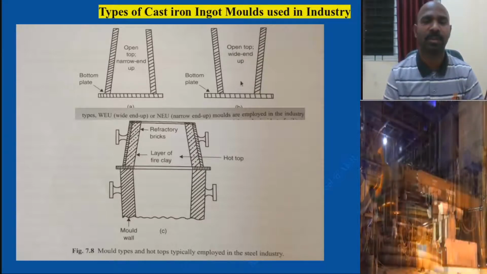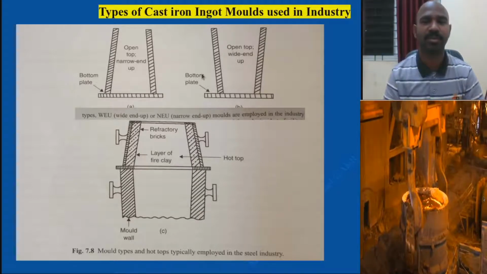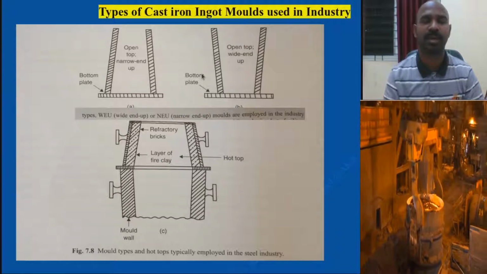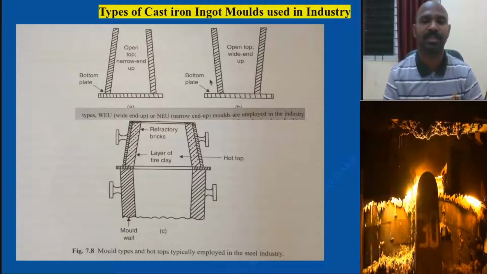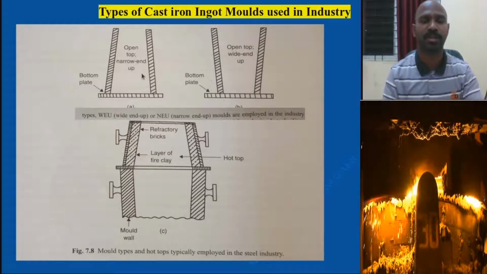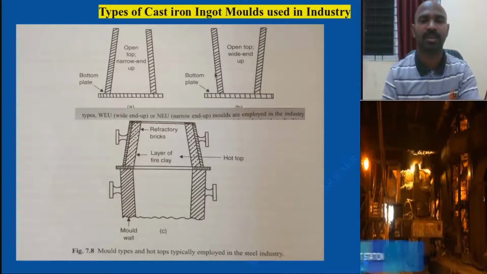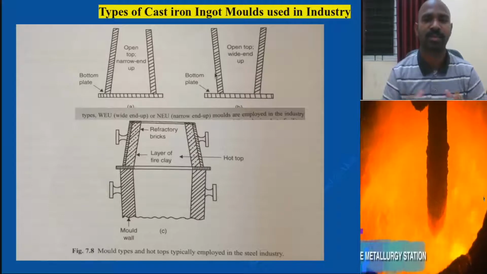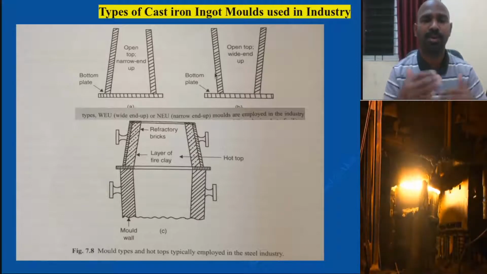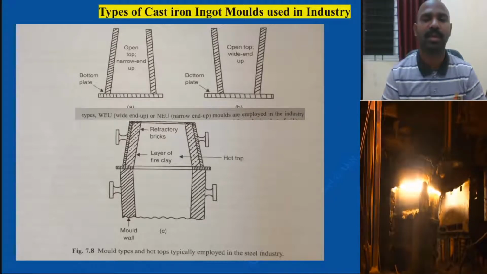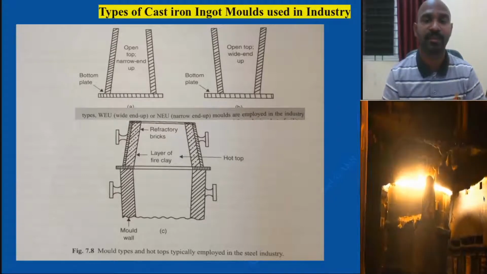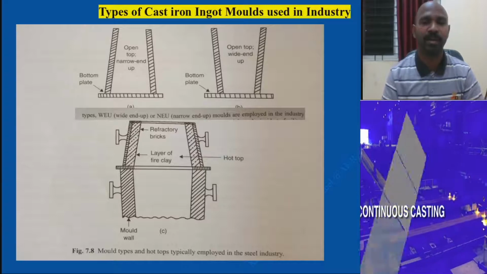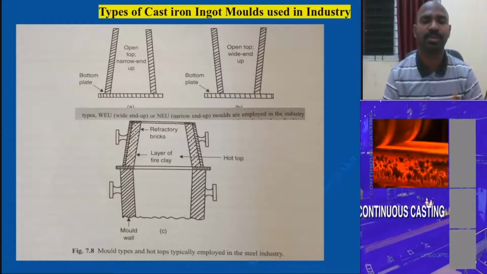These kinds of molds were in practice before the development of the continuous casting process. Even today, for production of alloy steels and special steels, and even secondary refining and secondary steel making processes, ingot mold making steps are used. So it is essential to know.